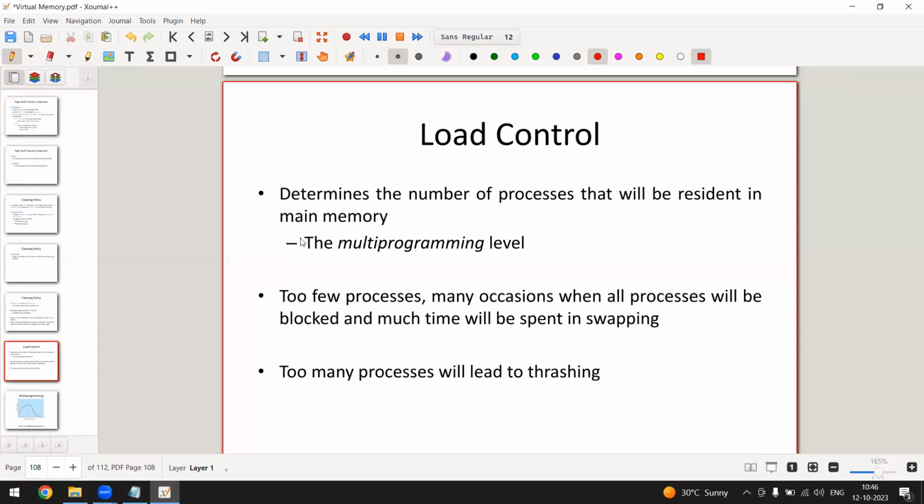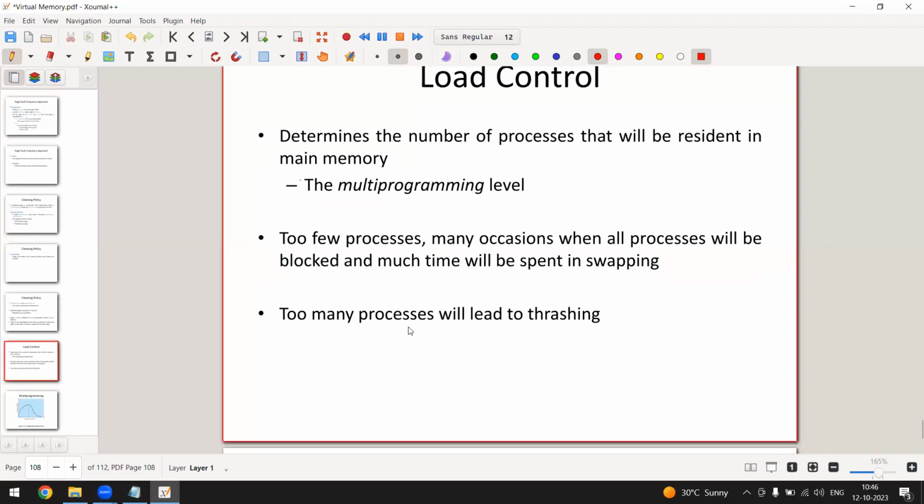If there are too few processes, then many processes will be in the blocked state and much time will be spent in swapping. So the processor will basically be idle, because only a few processes are there and many of them are blocked.